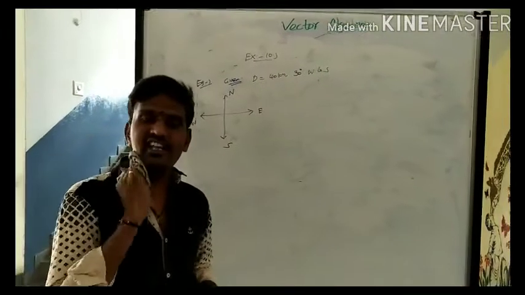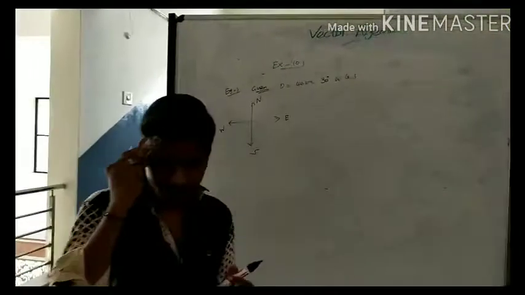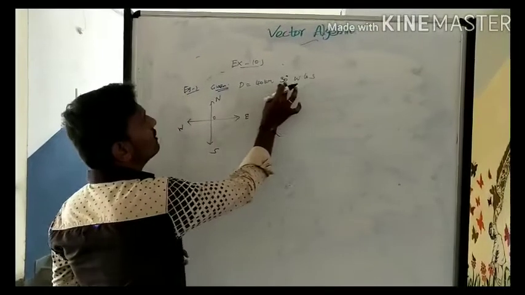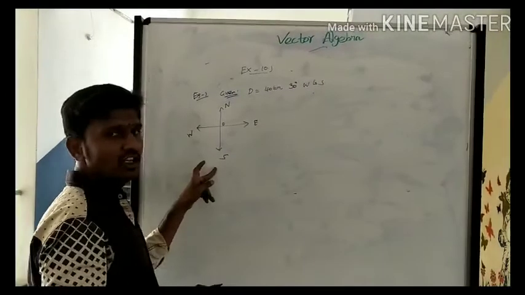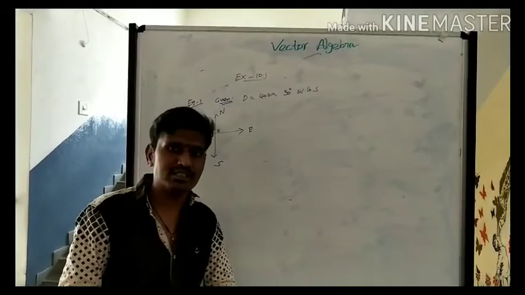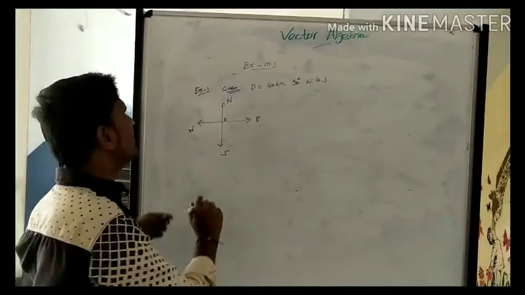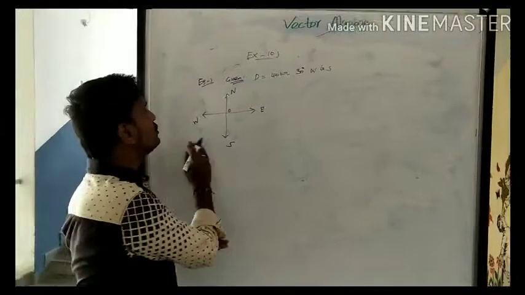The displacement, okay, just move ahead. West to south we have to display. Already I told you the position vector AB means how to represent it: OB minus OA. So west to south means we have to take south to west.